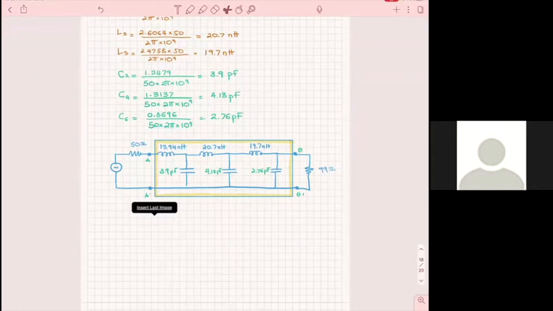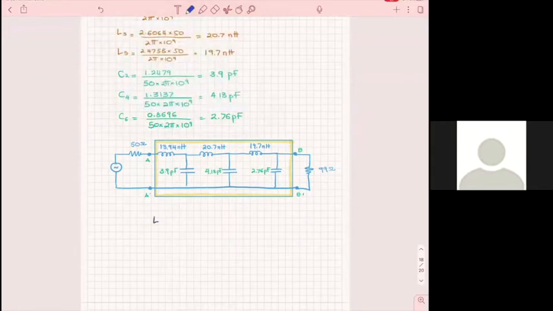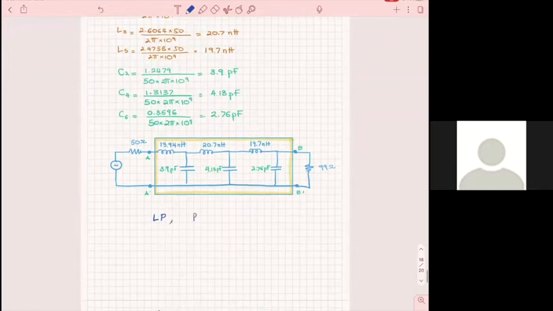After my statement, I will ask you a question. So this is a low pass filter. It has a cutoff frequency of 1 gigahertz.